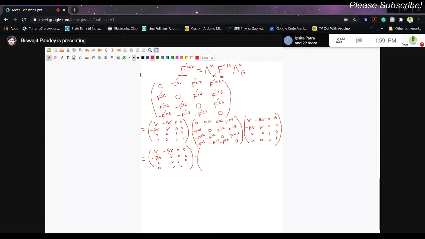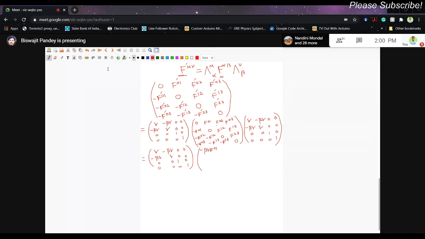Now let us do this. Row times column: 0 into gamma is 0, plus F01 times minus beta gamma, so minus beta gamma F01, F02 into 0, F03 into 0. So the first component will be minus beta gamma F01.